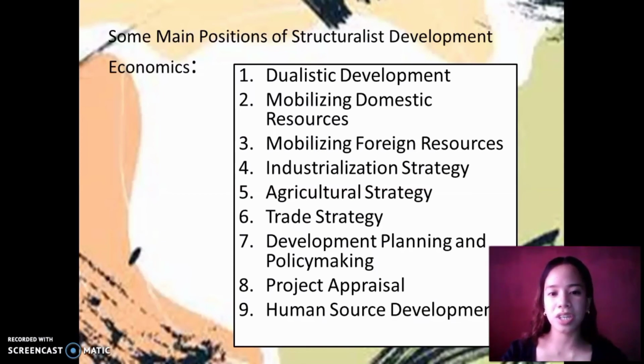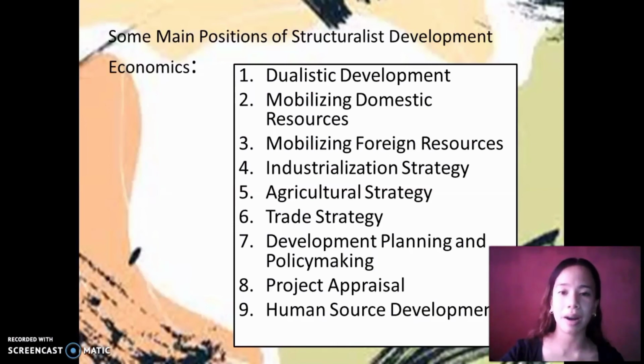The fourth one, industrialization strategy. So industrialization should produce, often in labor-intensive, capital-saving ways, the most basic producer and consumer goods required, particularly by rural people. Fifth one, agricultural strategy.